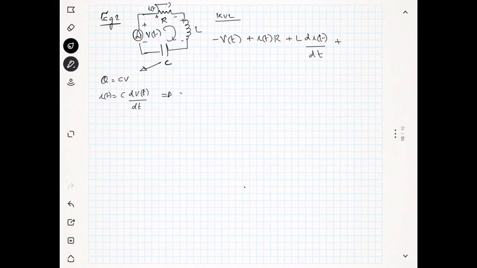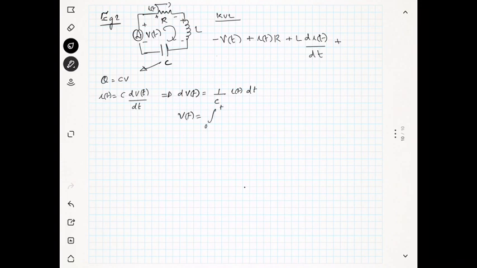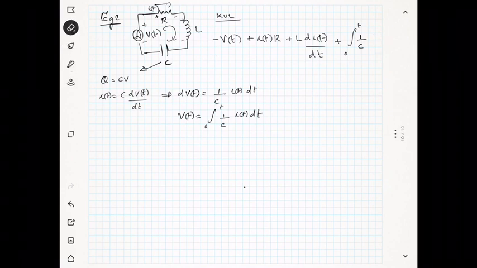That means dV of t is equal to 1 over C I of t dt. So V of t is nothing but integral 0 to t of 1 over C I of t dt, right? So it is basically an integral equation. It contains both integration and I of t dt, right?